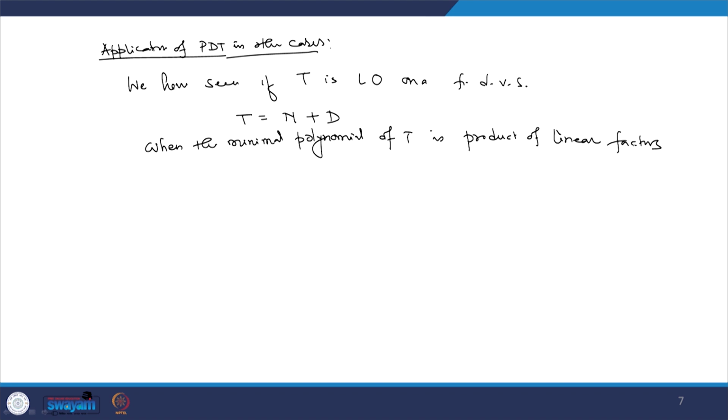I mean to say, when the field over which the vector space V is defined is algebraically closed, then we are safe. So, in that case any operator defined over a finite dimensional space will have a decomposition of the form N plus D, where N is a nilpotent operator and D is a diagonalizable operator. That we have already seen.